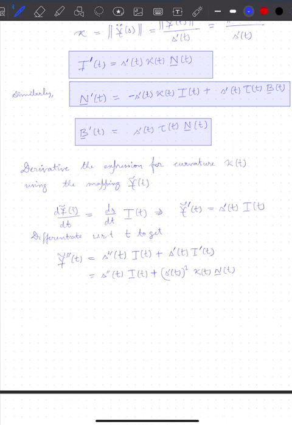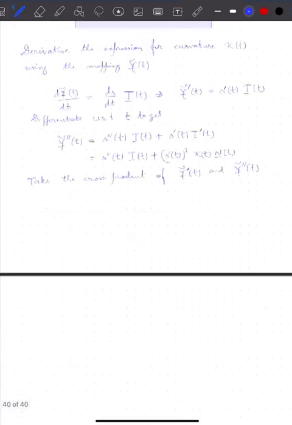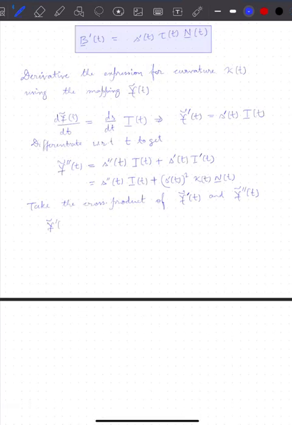Once we have this, now what we do is take the cross product of gamma prime of t and gamma double prime of t. The first term, t cross t, is 0, so it evaluates to 0.